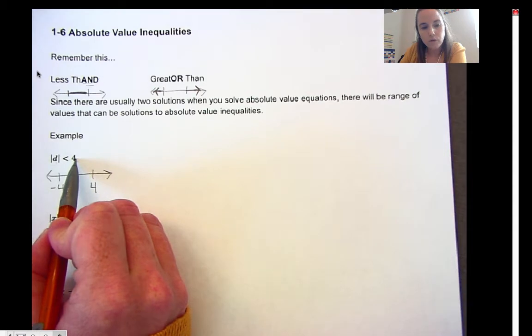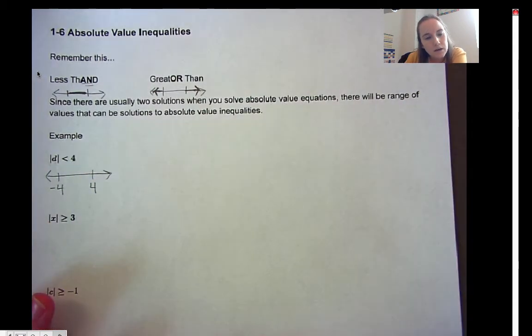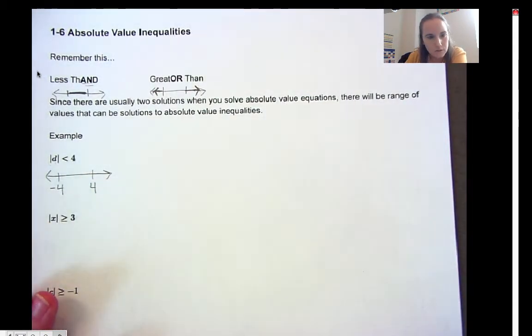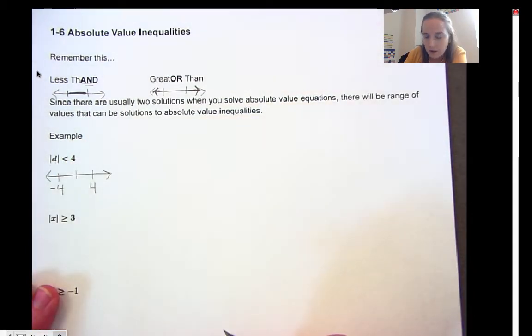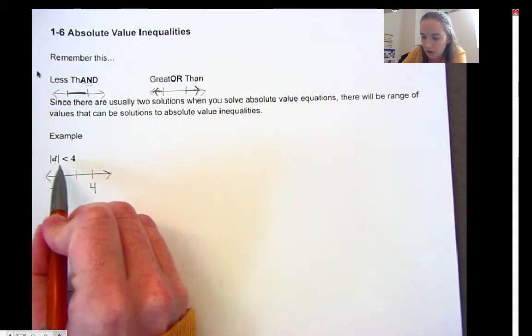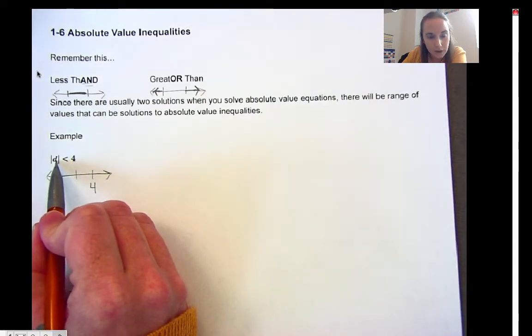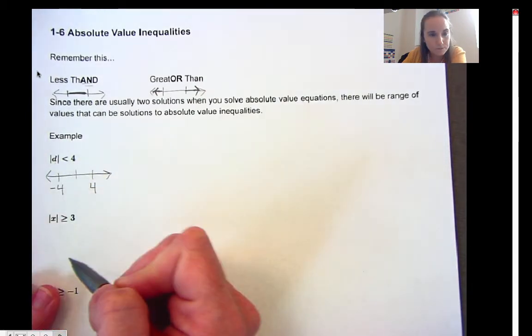So now I'm looking for which values would give me less than 4. Remember, absolute value is a distance. So if 0 is here, and I took the absolute value of 1, that would give me a value less than 4.